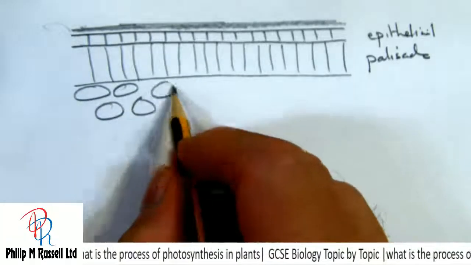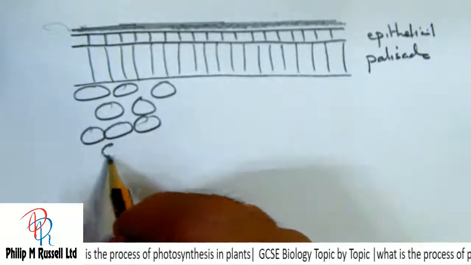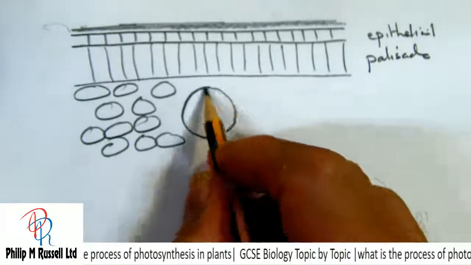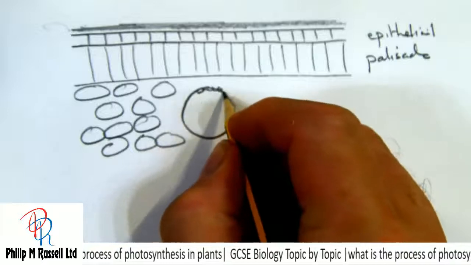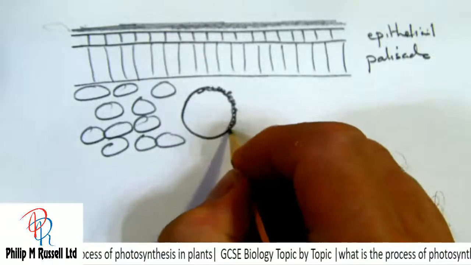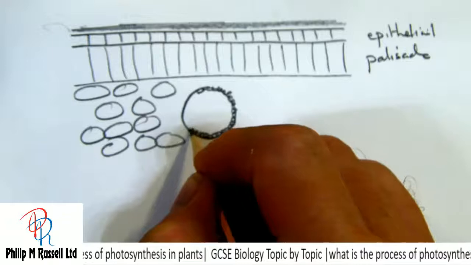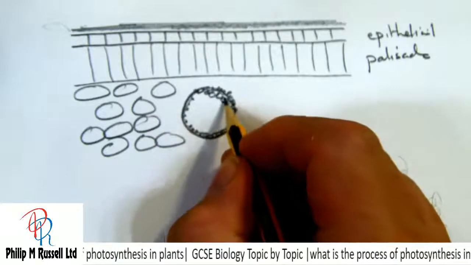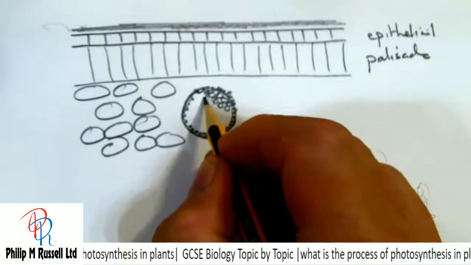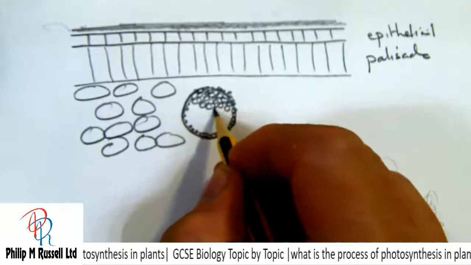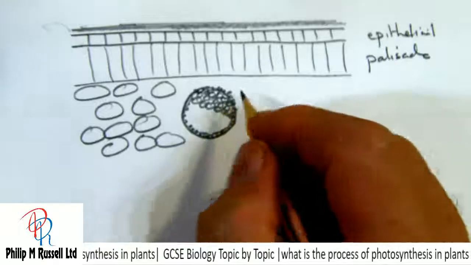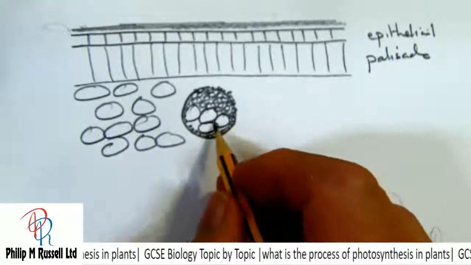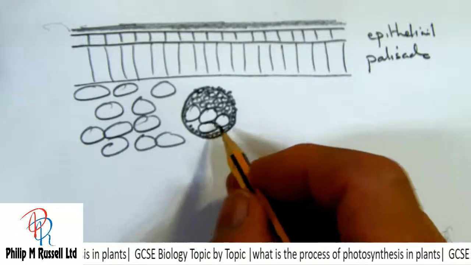Underneath this we have a layer of cells, and we might have a vascular bundle. This is going to have a little layer of small cells going round, which are the phloem, and much larger cells which make the xylem.